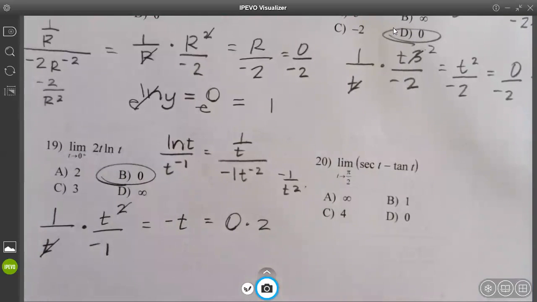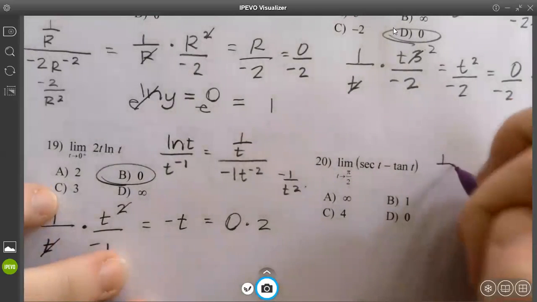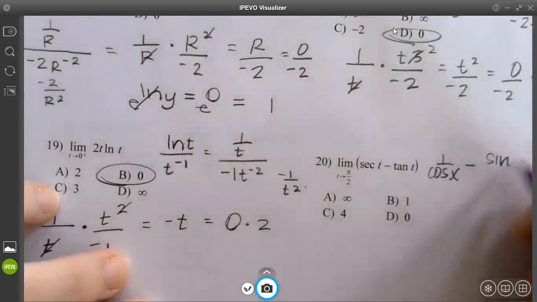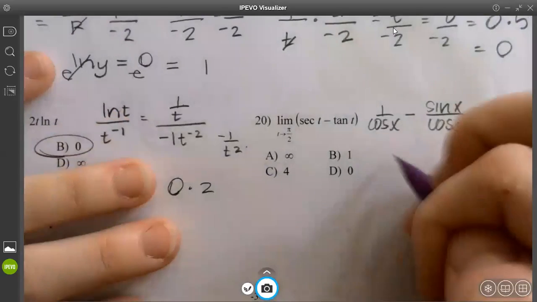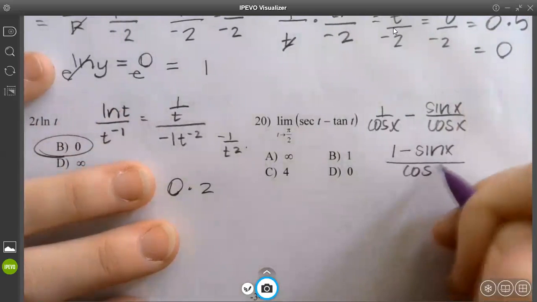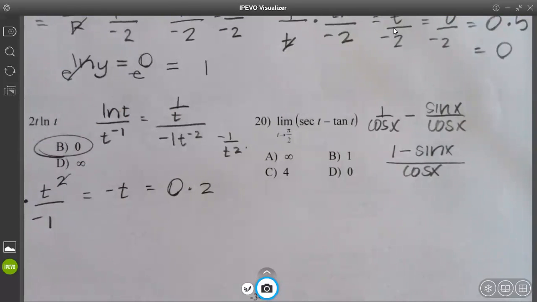All right, what do I do on 20? Secant is 1 over cosine. I'm going to change it to x. Tangent is sine over cosine. We did that so that we could get a common denominator, and we're going to squish them together. Take the derivative.